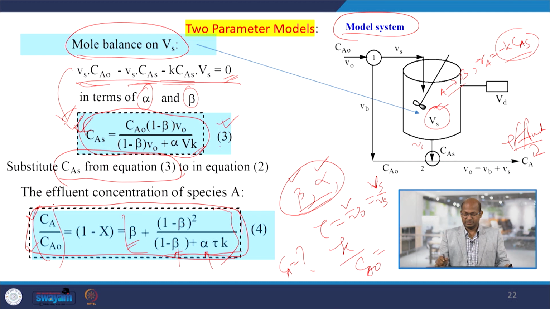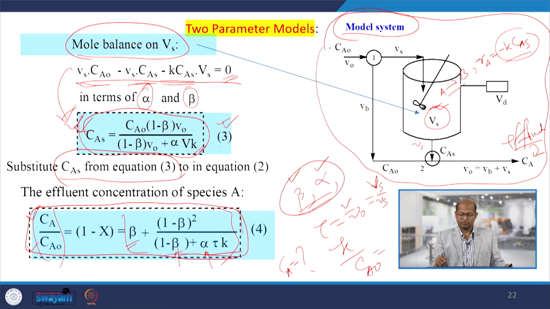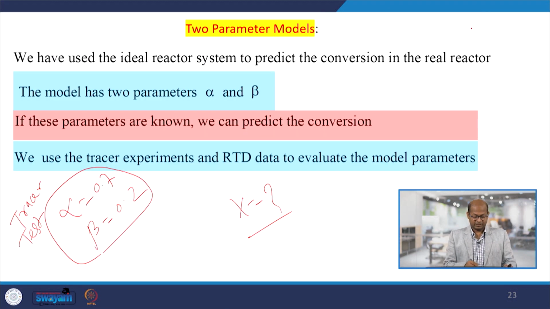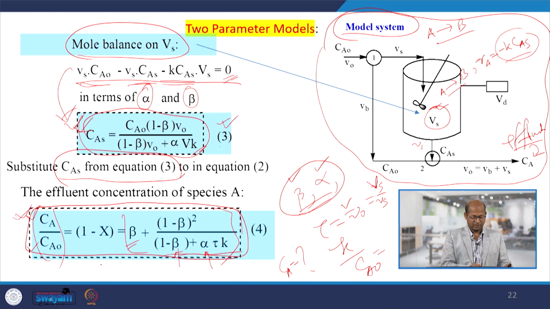In this model system we are considering this reaction, and in terms of reactant concentrations we have developed the model equations in terms of alpha and beta.